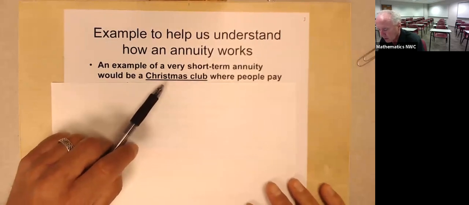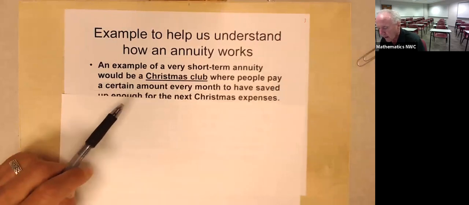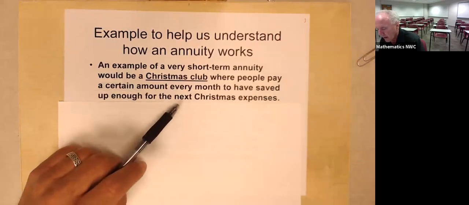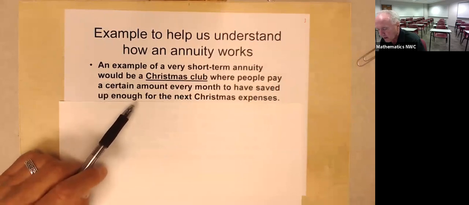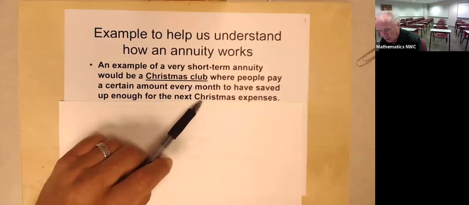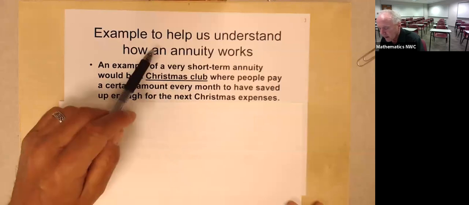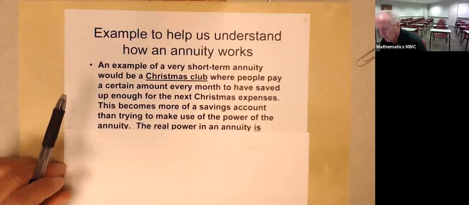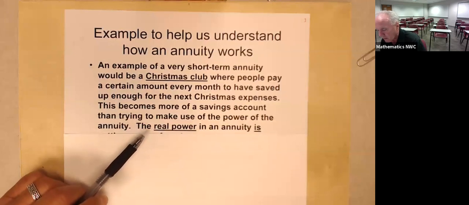Sometimes people call it a Christmas club, where people pay a certain amount every month to have saved up for the next Christmas expenses. So we're putting an amount away every month so that when Christmas comes, we have a small savings account. That's basically how an annuity works. This becomes more of a savings account than trying to make use of the power of the annuity.